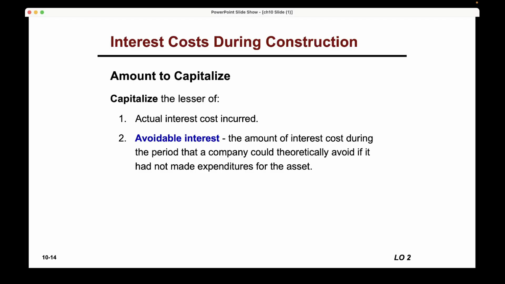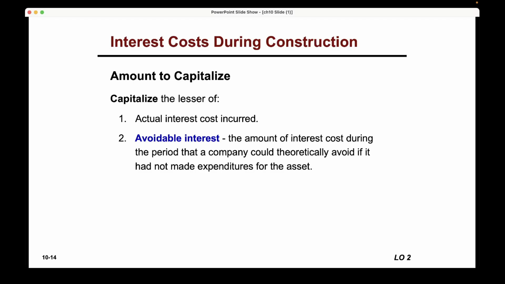So basically, it calculates how much interest could have been saved or avoided by the company if there is no building of an asset in the first place. Or in other words, if the company doesn't have to borrow money and incur interest expense.